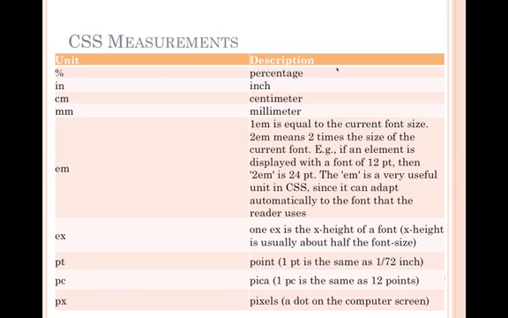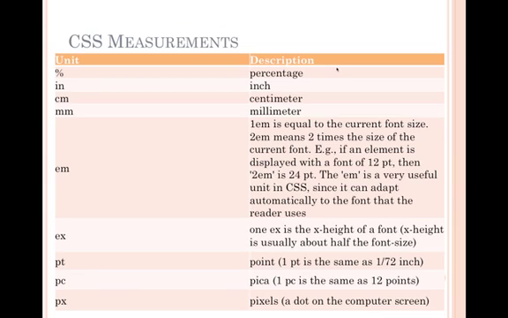And if you're doing layouts, one of the most common measurements for layouts is pixels, or PX, and the pixel is the equivalent to approximately one dot on the computer screen.